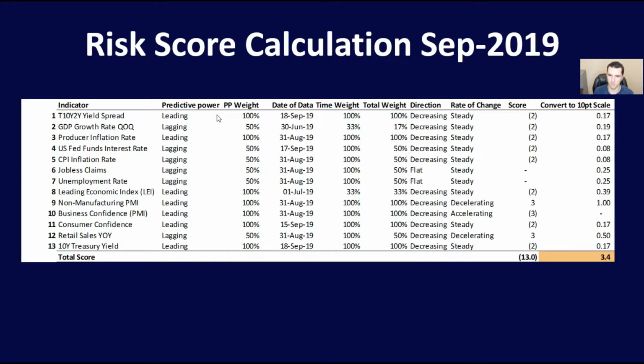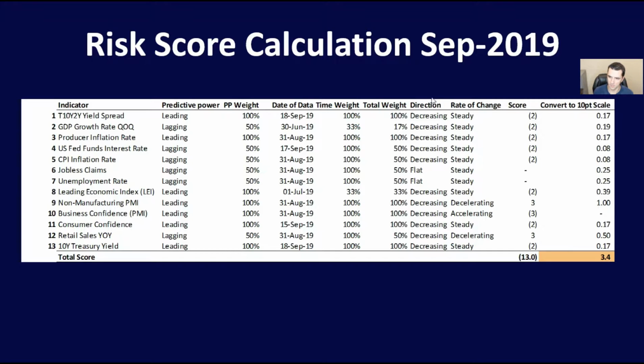I've categorized them in terms of their predictive power, whether they're leading or lagging. I assign a predictive power weight based on that determination, and then there's a time weight based on how current the most recent data is for that indicator. From that I come up with a total weight, which determines how much believability I should give to that indicator.